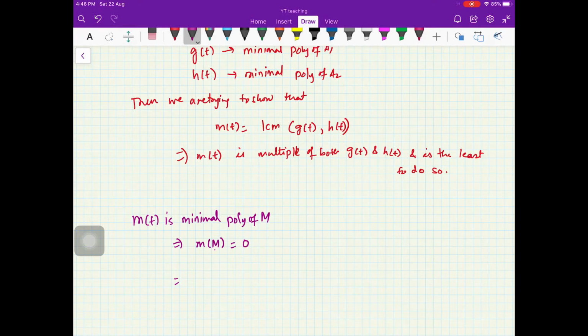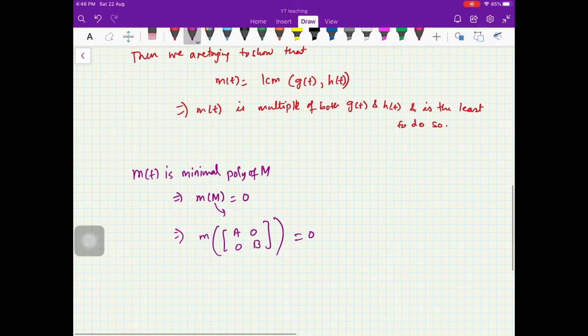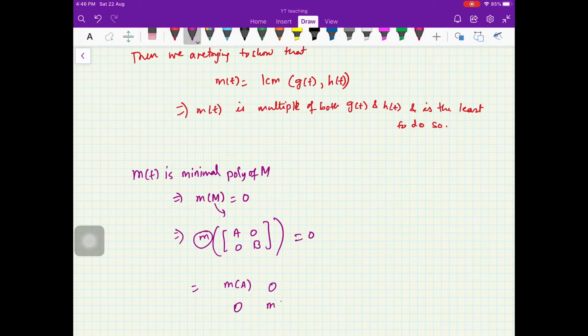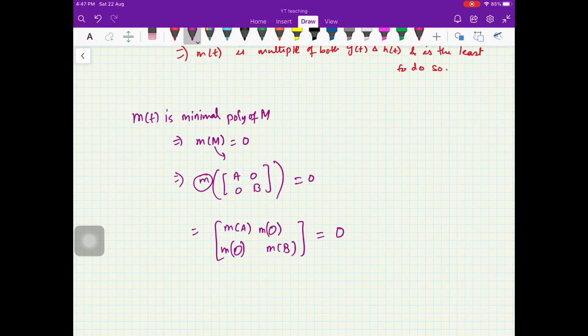Since M is the block matrix with A and B on the diagonal and 0 elsewhere, m(M) is the polynomial computed at A and B, with zeros elsewhere, and this is equal to 0. Now this is the 0 matrix, it means that m(A) is 0 and m(B) is 0.